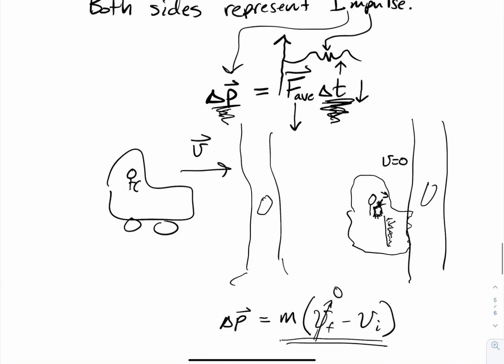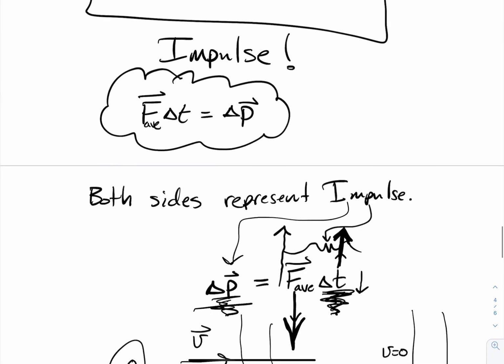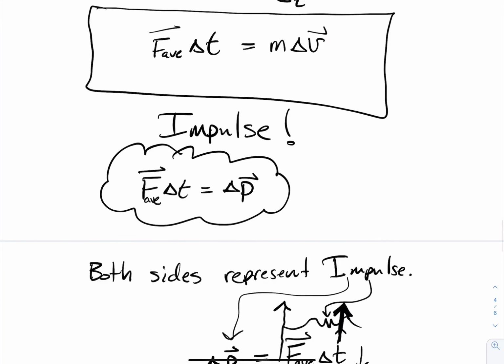It's all in hopes to elongate the time that you collide with something in the event of an unfortunate accident, and by elongating that time, we would be decreasing the force that was on your body causing the change in momentum. The point of all this is our final equation we'll be using when we deal with collisions, where you can determine things like the impulse force or the impulse of a collision.